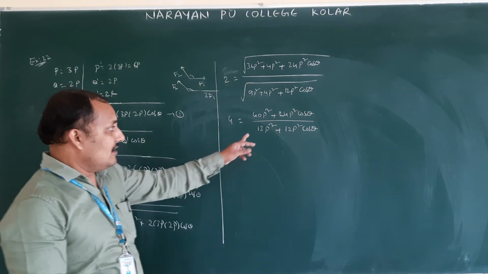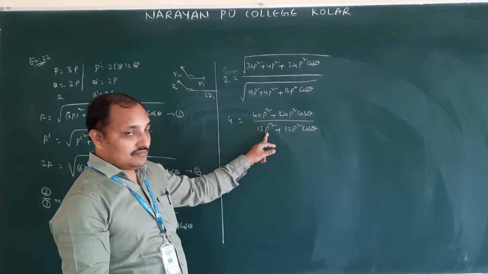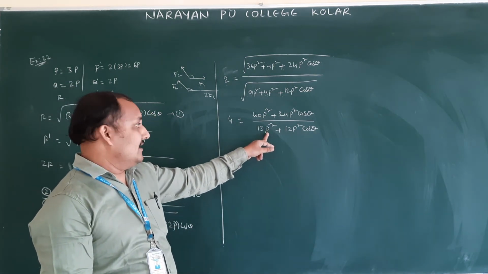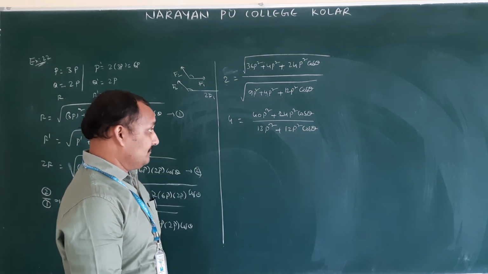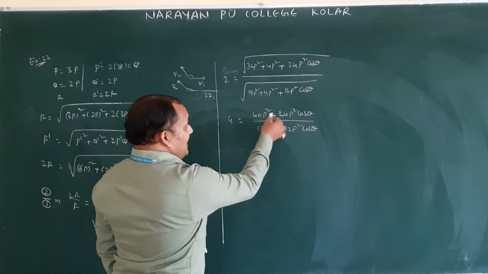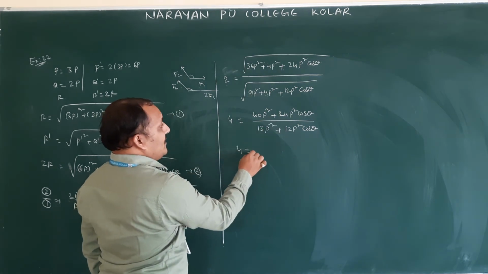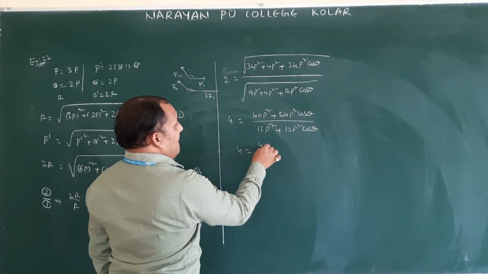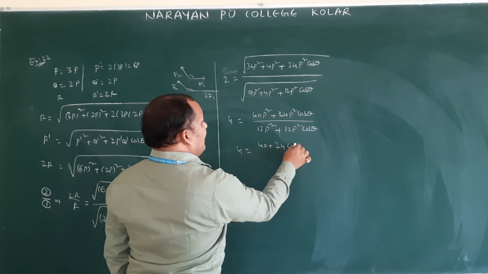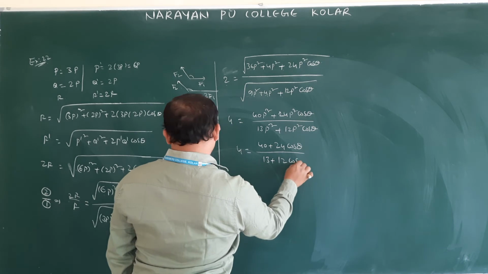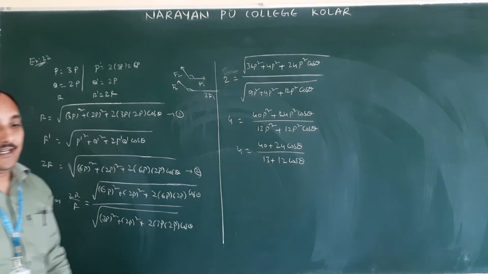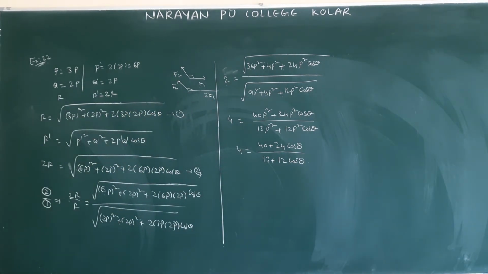Correct? Here p square you can take common, here also p square. So 4 is equal to 40 plus 24 cos theta by 13 plus 12 cos theta.